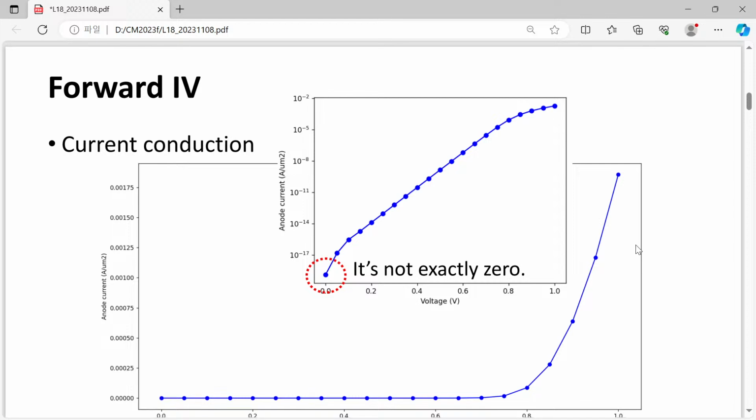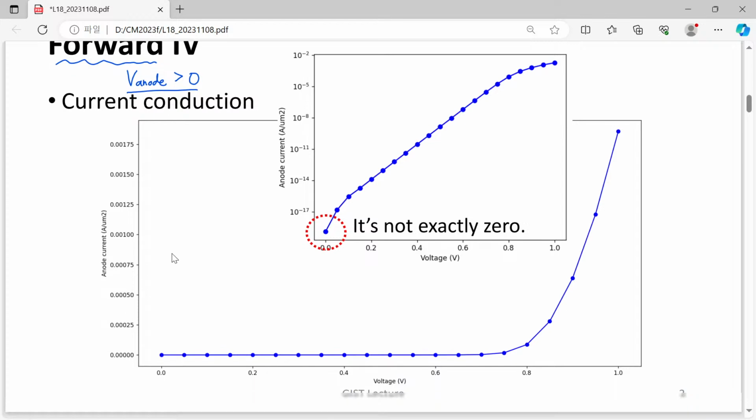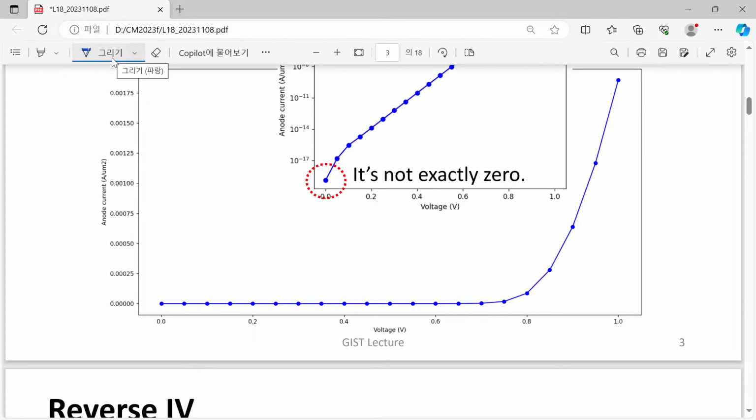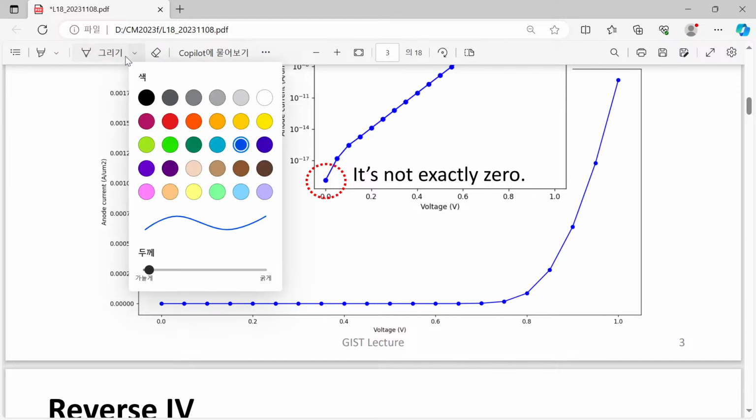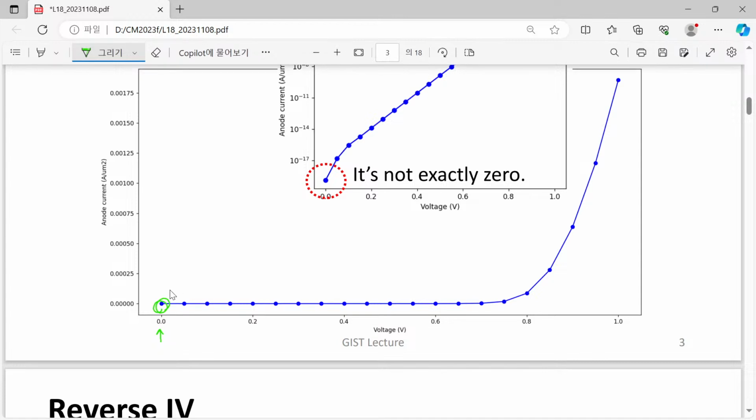This is current conduction, and for the IV characteristics we just apply positive voltage to our anode, starting from the equilibrium condition where the applied bias is equal to 0, then moving to positive anode voltages.